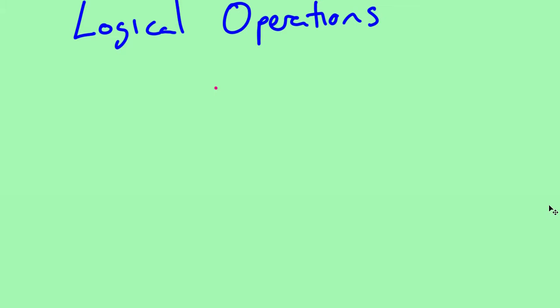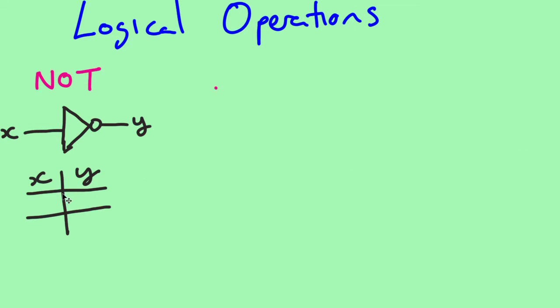The first and most basic logic operator is NOT. And it has a symbol like this. What this is saying is an X signal comes in and a Y signal comes out. So we've got an in signal and an out signal. Let's put this in a table to see what happens when X goes in and what comes out.